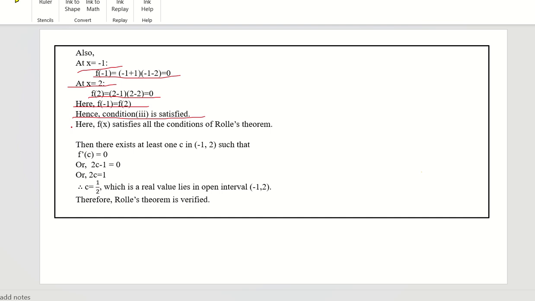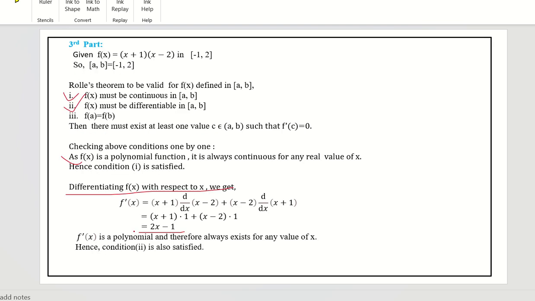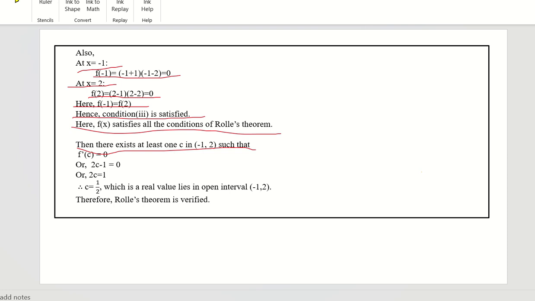That's why it satisfies all the conditions of Rolle's theorem. If so, then there must exist at least one point in the given open interval, that is -1 to 2, right? The derivative is f'(x) equals 2x minus 1. c is the value of x in this interval.